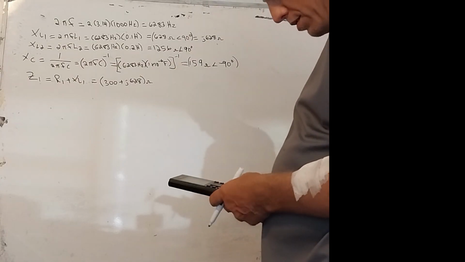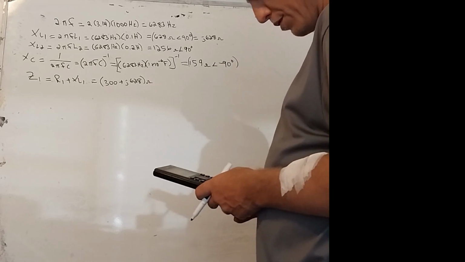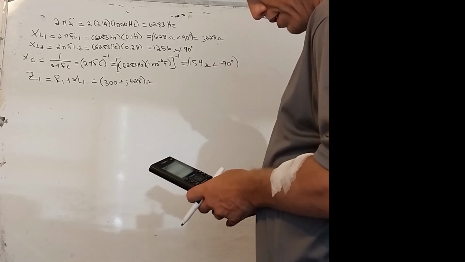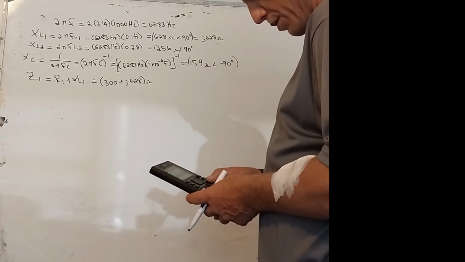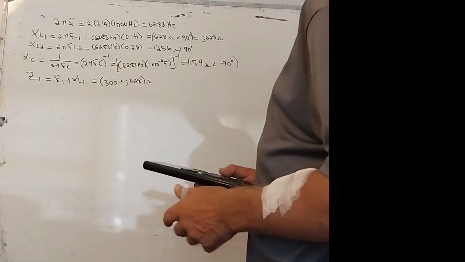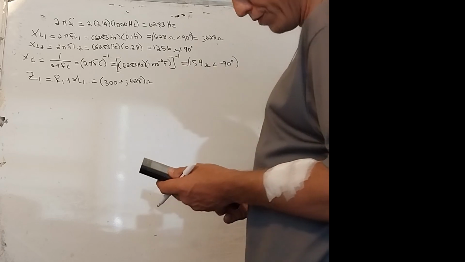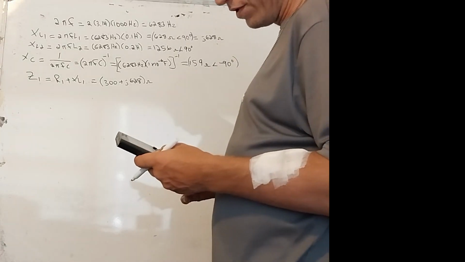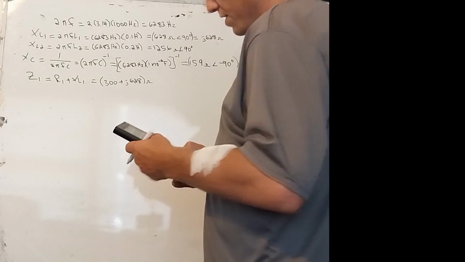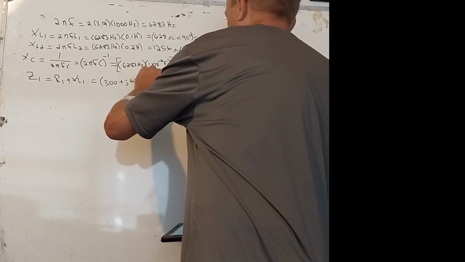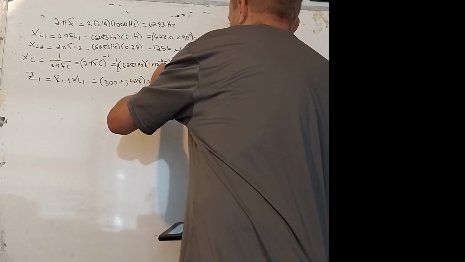300 squared plus 628 squared, which is the Pythagorean theorem. If you watched earlier videos on these, you'll see how I demonstrated the proof on that step. So this becomes 696 ohms.